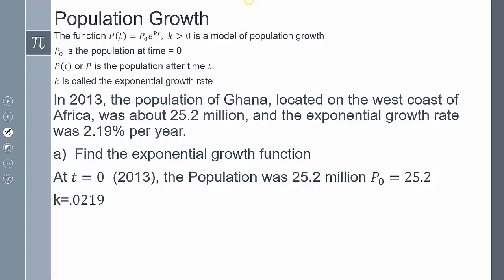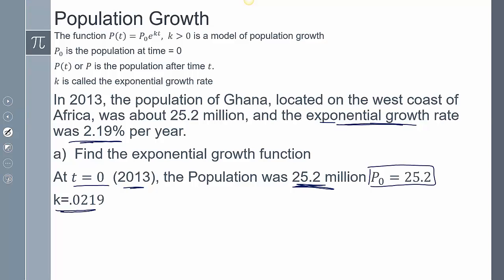So our first one says find the exponential growth function. So what we need to assume is that at t equals 0, which is 2013, that population was 25.2 million, which means my P naught was 25.2 million. Also, it says that my exponential growth rate was 2.19%.